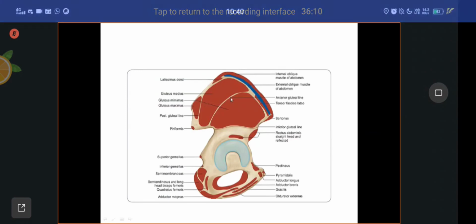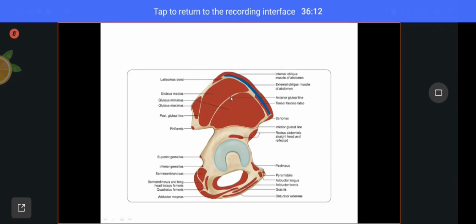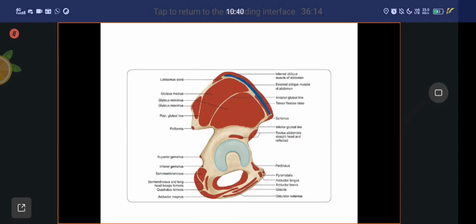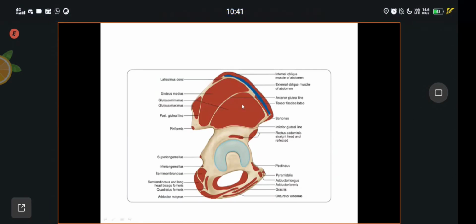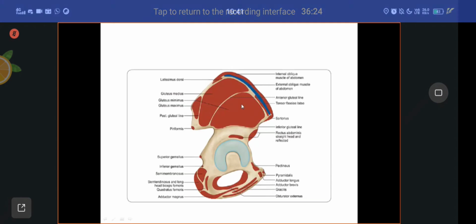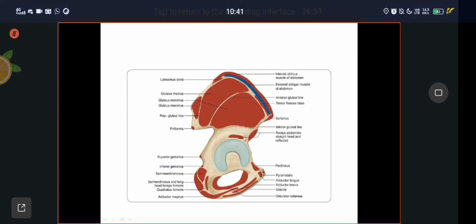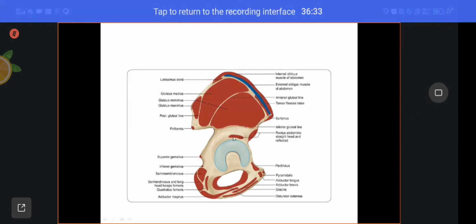And between the anterior gluteal line and the inferior gluteal line, this muscle is called the gluteus minimus muscle. And below the inferior gluteal line is the reflected head of rectus femoris. You have already studied this reflected head of rectus femoris muscle.